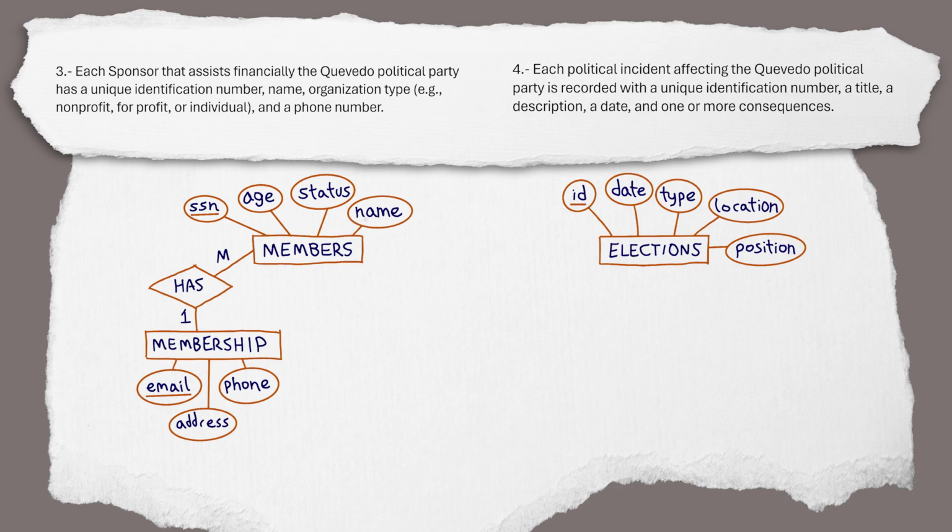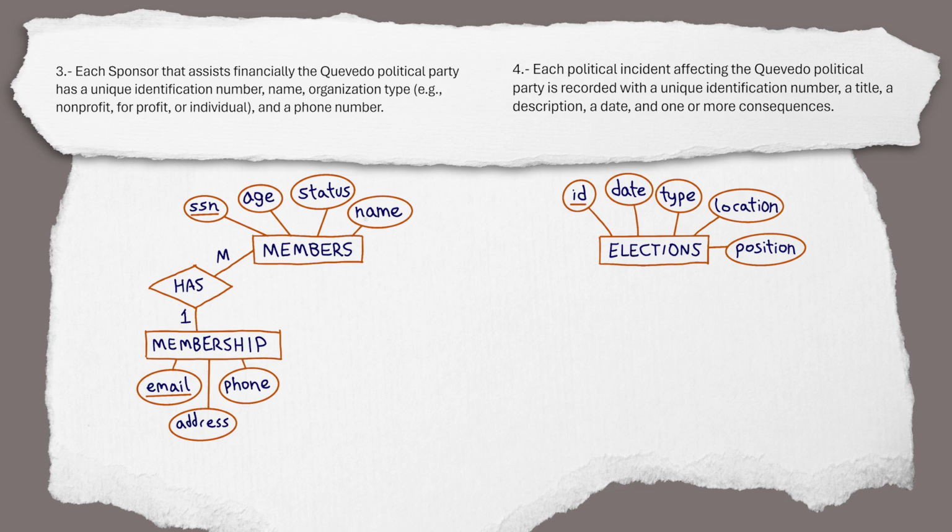And number 4, we also have a description. The description here is for an incident. It says each political incident affecting the Quevedo party is recorded with a unique identification. So then this is an entity. We have an identification for an incident. We will have a title, which will be another attribute.